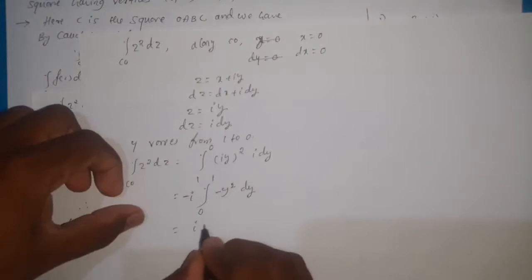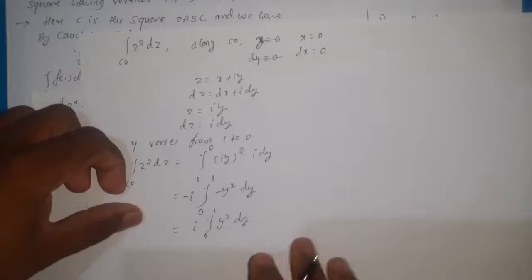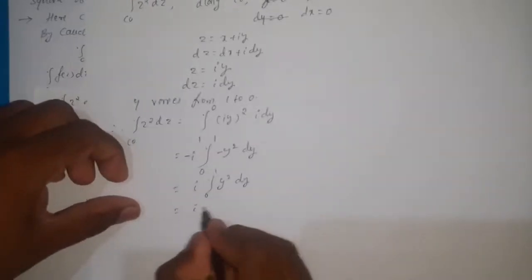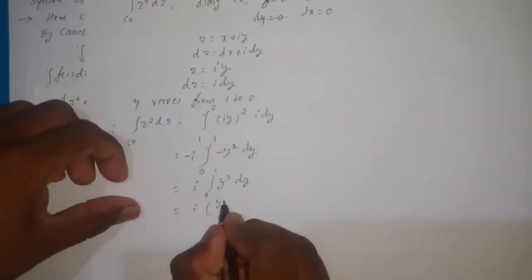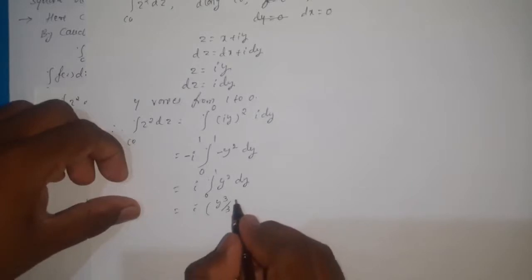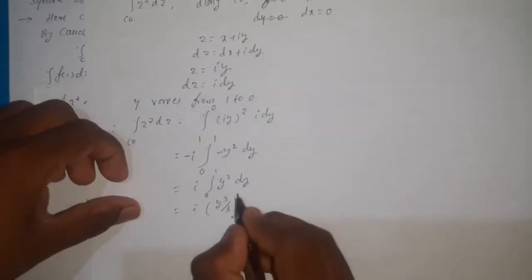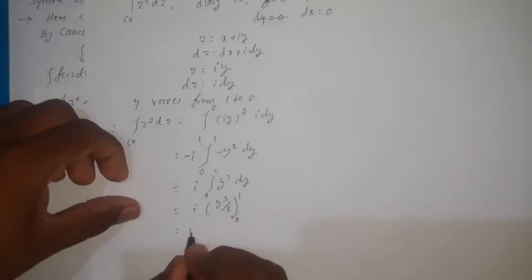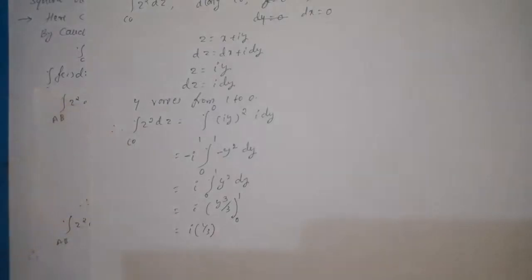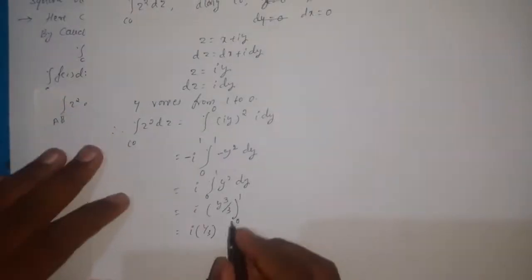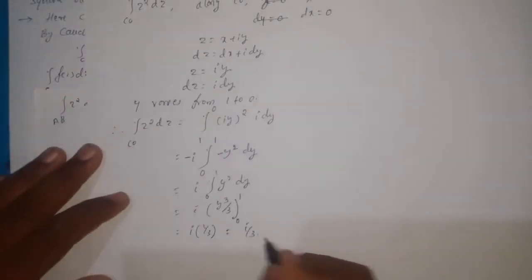So therefore I into integration 0 to 1 y square dy, that is I into y cube by 3 from the limits 0 to 1, that is I into 1 by 3, which is equal to I by 3.